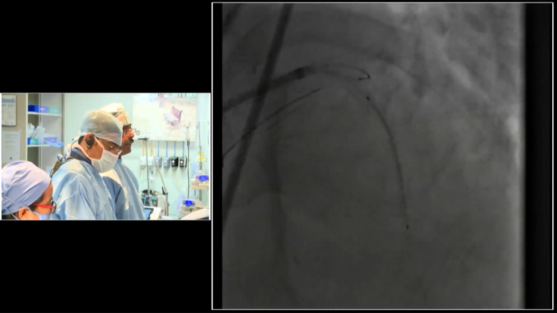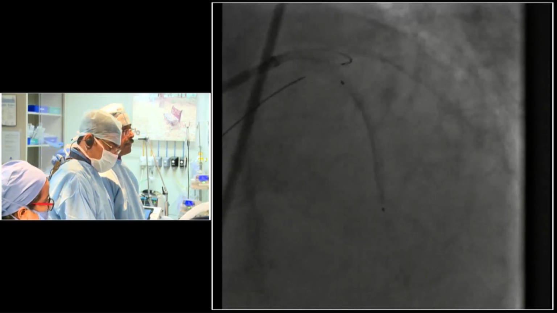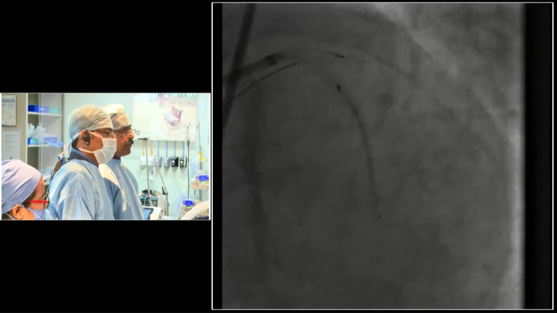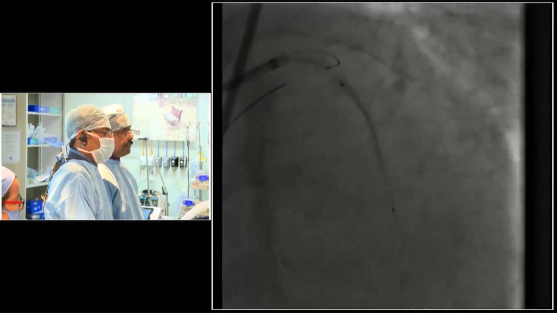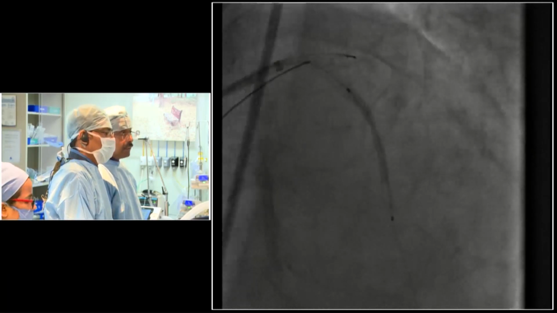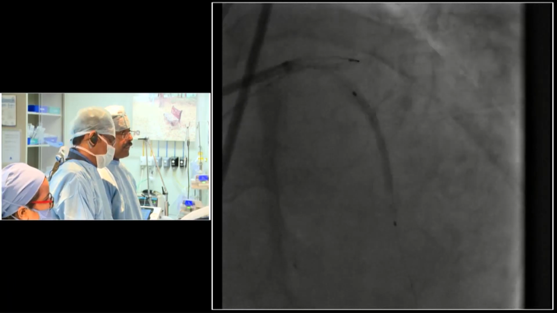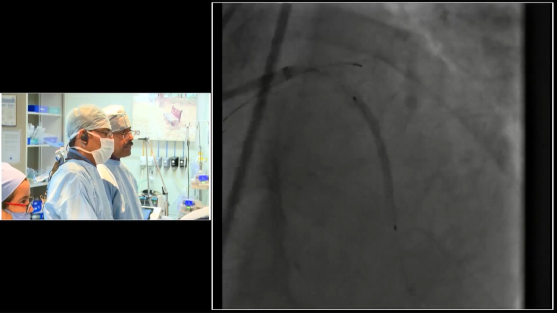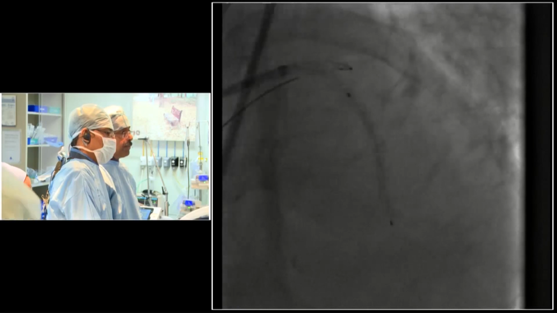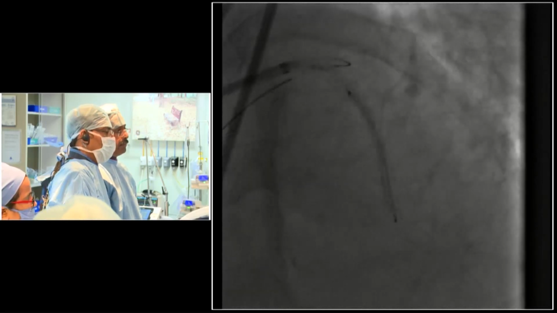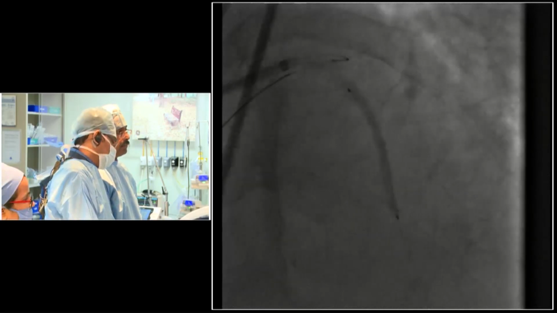So here we go with the first stent. We'll go up to nominal first with this balloon. What's the nominal? We're going to be extremely careful of going up. There's a chance of rupture. Because it is a very small LED, it is not extending to the apex or beyond.